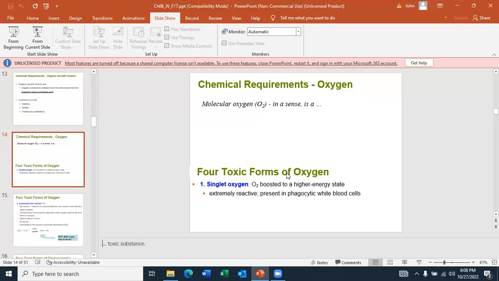It's extremely reactive and is actually present in phagocytic white blood cells. The phagocytic white blood cell can release the singlet oxygen on something it is attacking, like a bacteria, and then use the singlet oxygen to kill the bacteria.